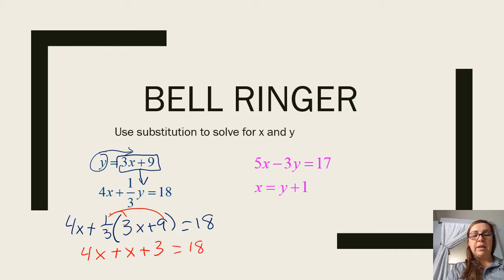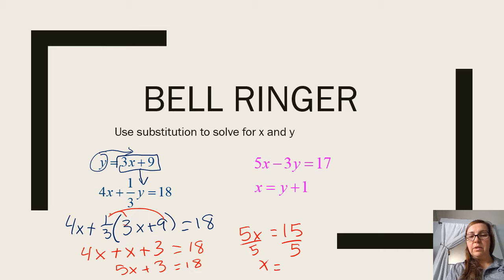Now I'm going to combine like terms and go ahead and subtract. Subtracted 3, get 5x equals 15, and when we divide by 5, we get x equals 3.